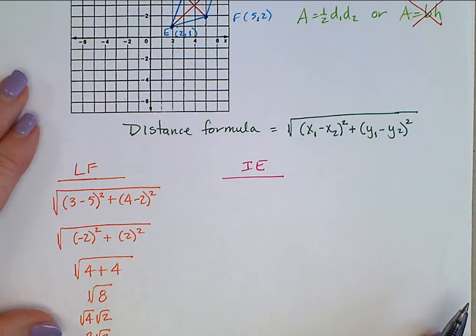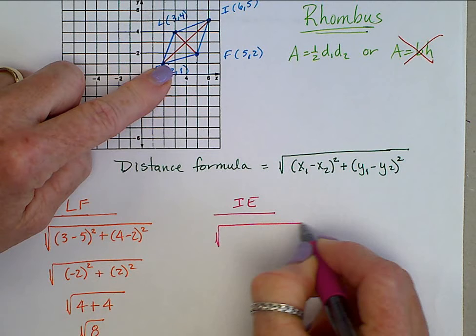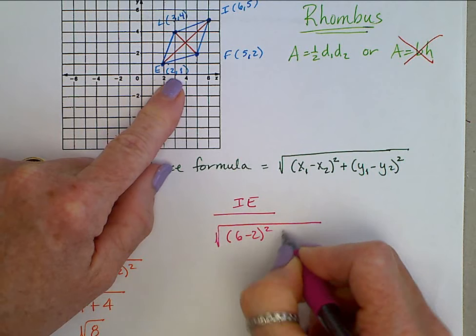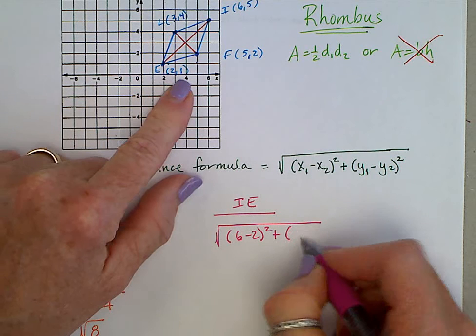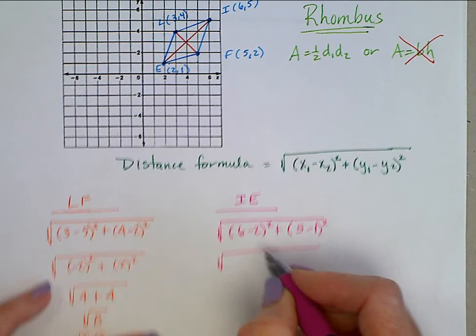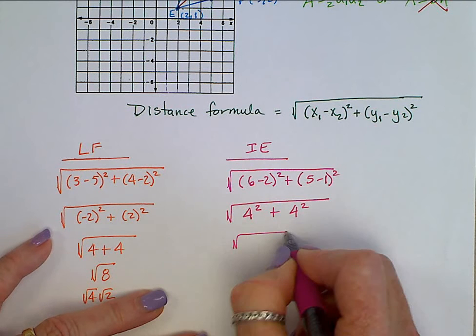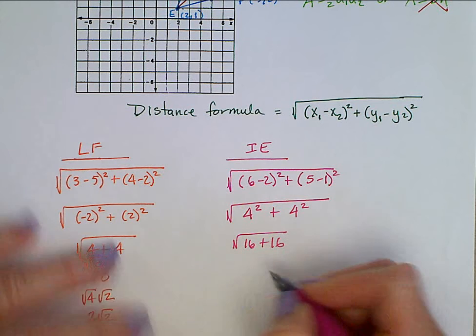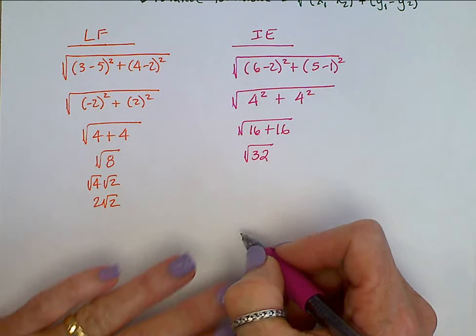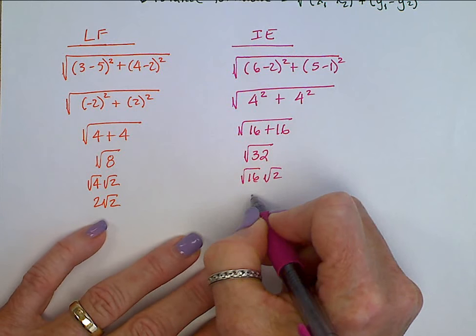IE, this one, again, same idea. Subtract the x's, 6 minus 2 squared plus, subtract the y's, 5 minus 1 squared. 6 minus 2, 4 squared plus another 4 squared. 16 plus 16, square root of 32. That is square root of 16 times square root of 2, which is 4 square root 2.